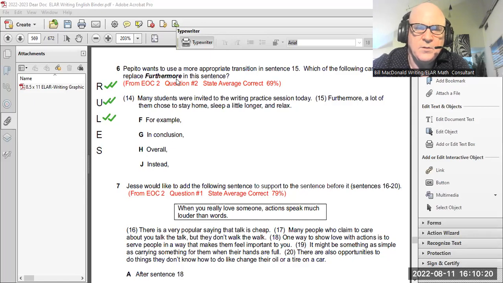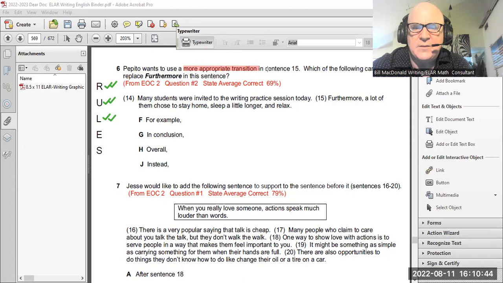and let's see how we can handle a question that has transition. Pepito wants to use a more appropriate transition. In other words, the one that's there isn't appropriate for the situation that's being asked about. Where?